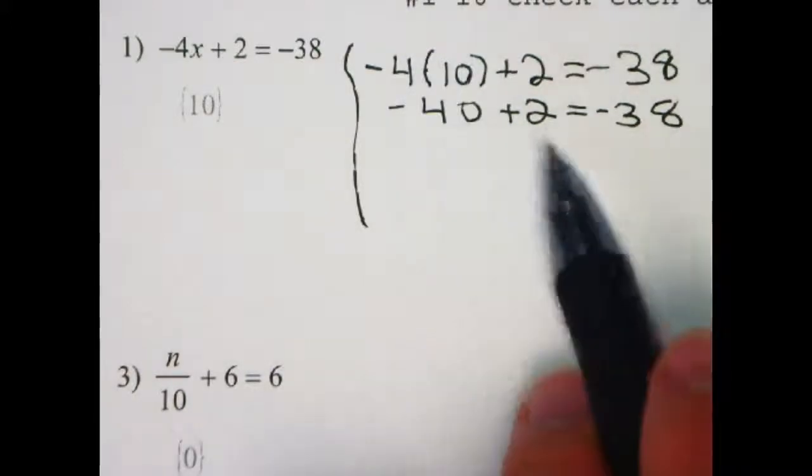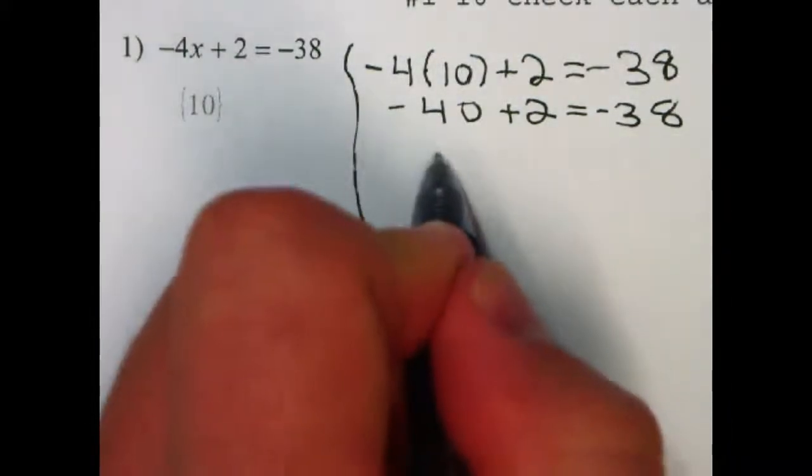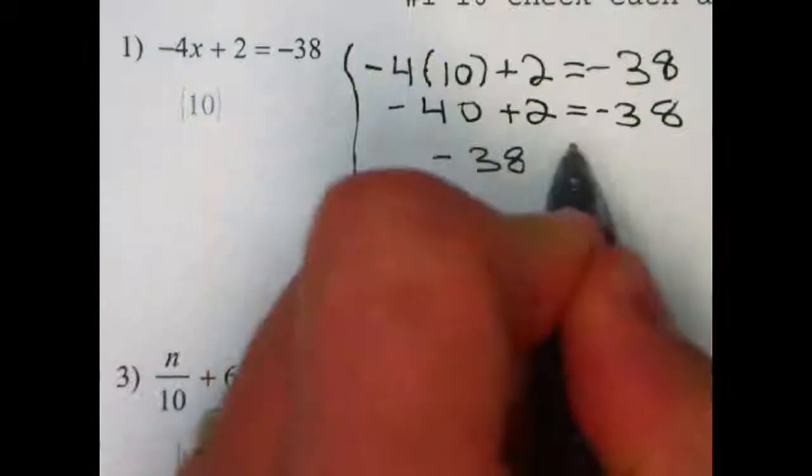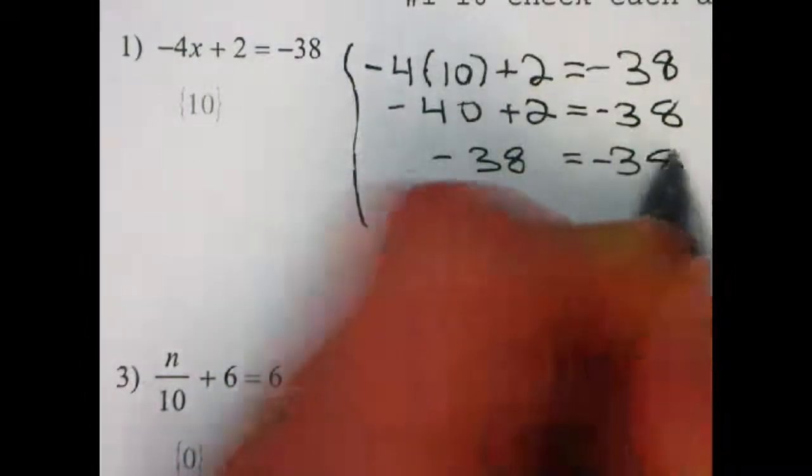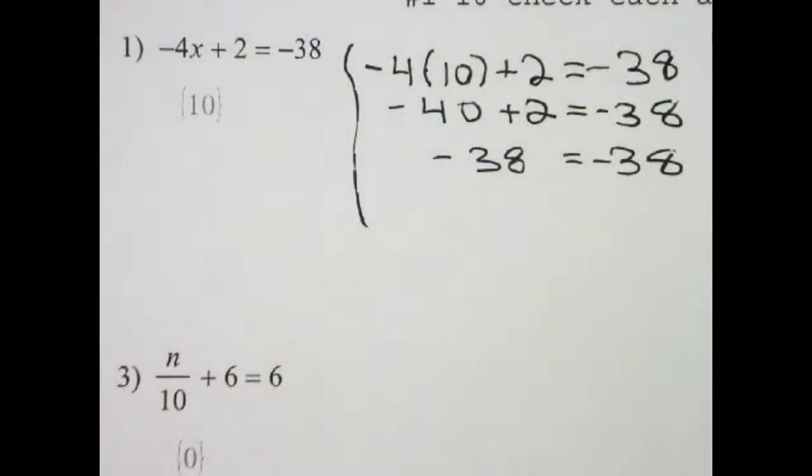And -40 plus 2 equals -38. So this is the last step you'll do on every problem. We're doing the last thing first, just to make sure we know how to do a check.